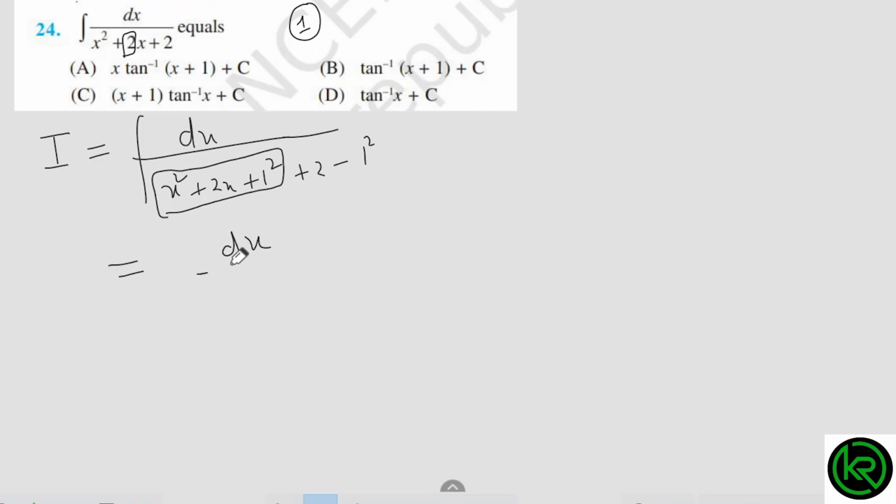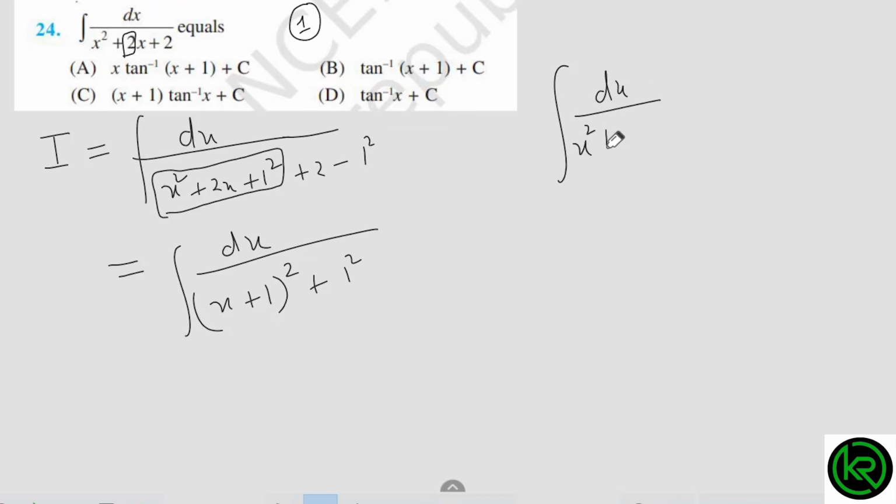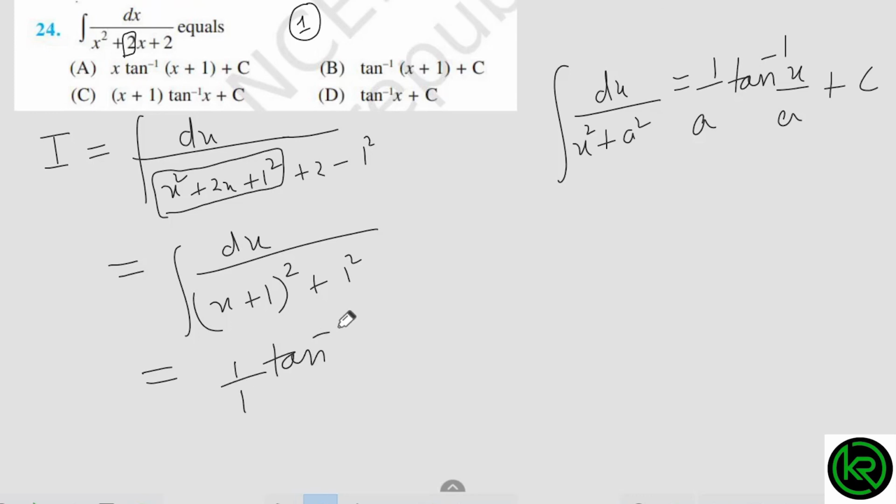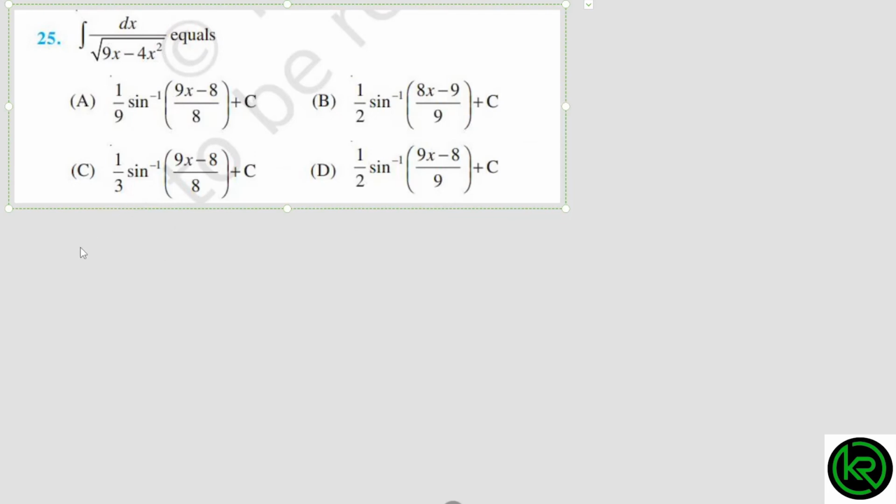So you will get x plus 1 whole square, and 2 minus 1 is 1 square. Here we will use the formula: dx upon x square plus a square is 1 by a tan inverse x by a plus c. So we get 1 by a is 1, and tan inverse of x plus 1 by 1 plus c. So it matches with option B, so B is correct.